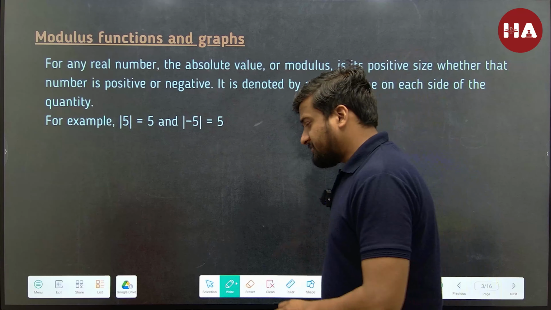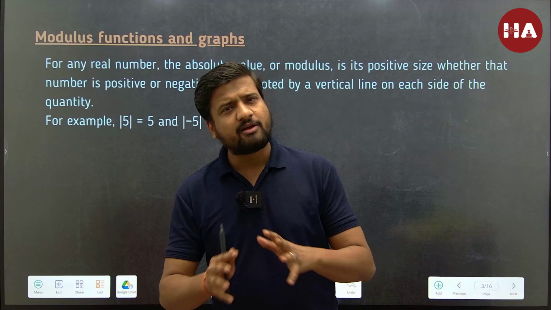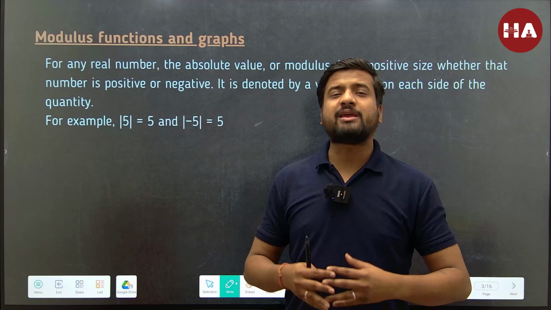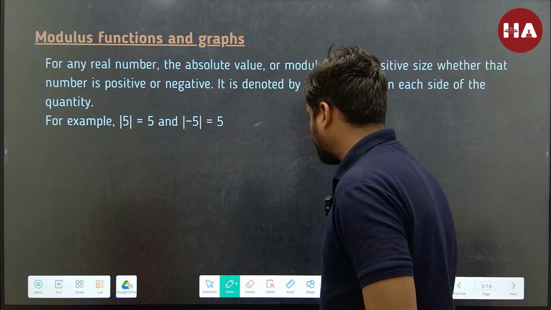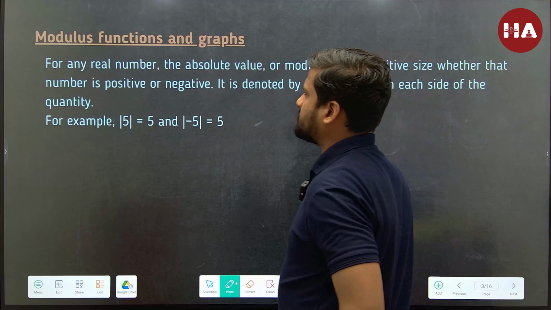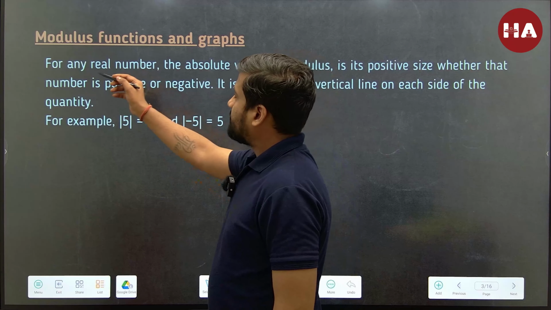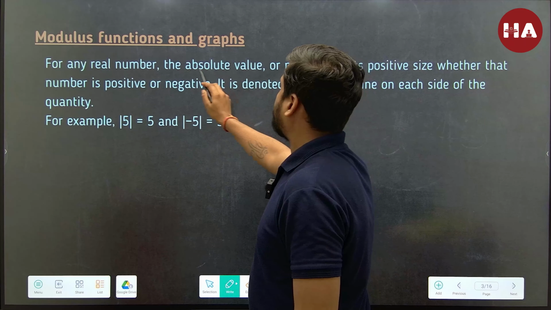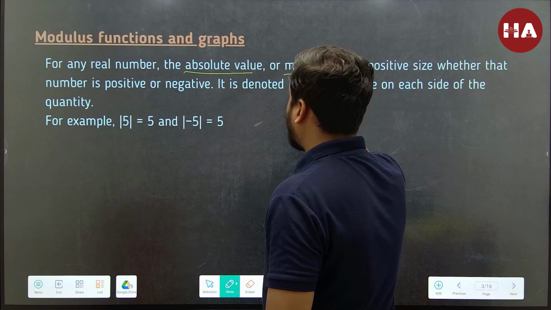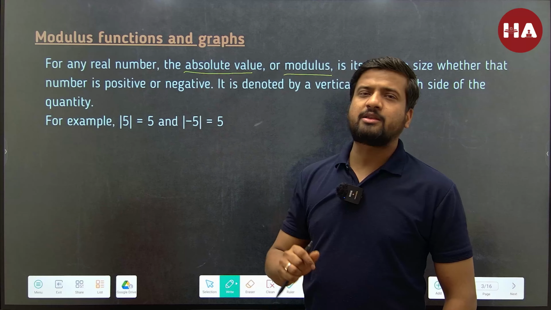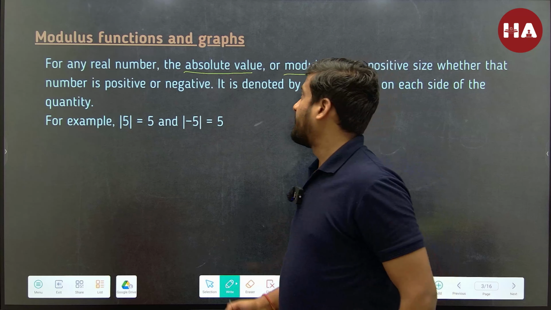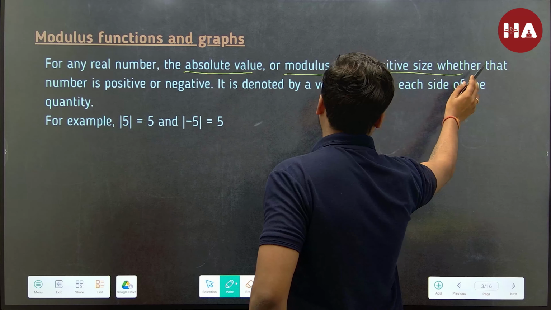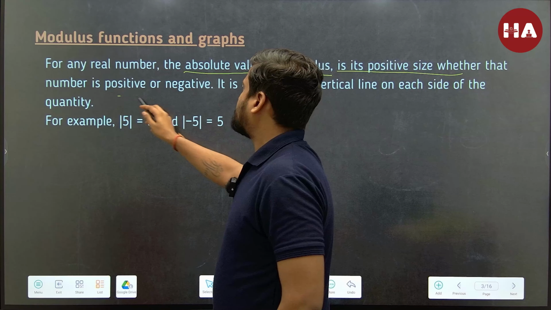to modulus functions. This is the important part, the part which we actually need to study. Alright, that was just the basics. Now, what are modulus functions? For any real number, the absolute value or modulus, so basically absolute value and modulus are exactly the same thing, is the positive size, whether that number is positive or negative.